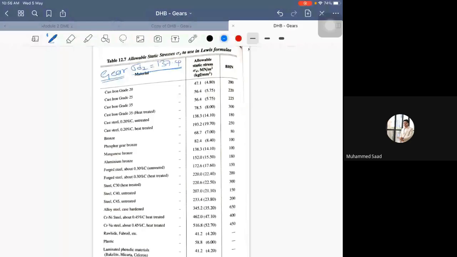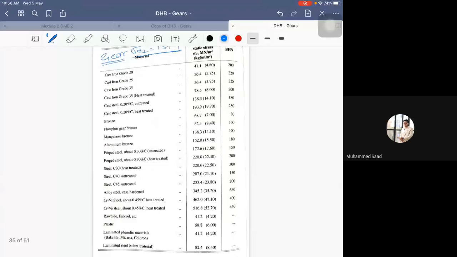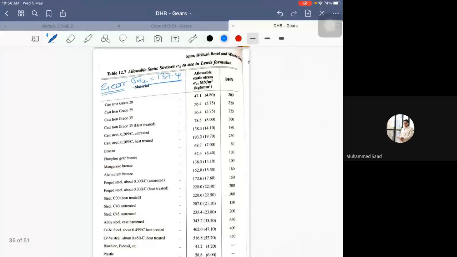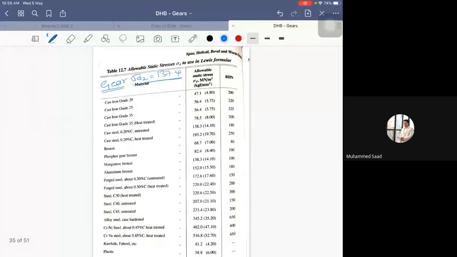137.4. Just check this particular value, whether you have it in the table or not. What is the material that you can pick up?